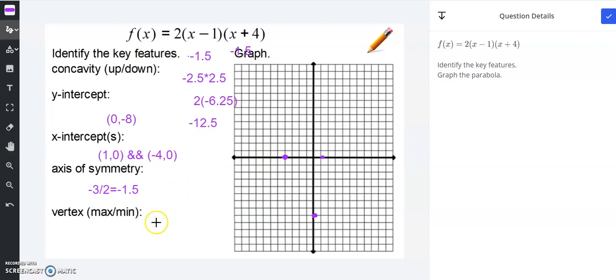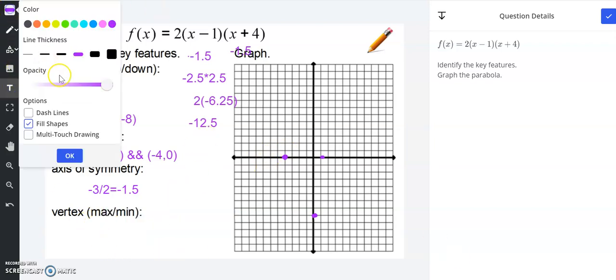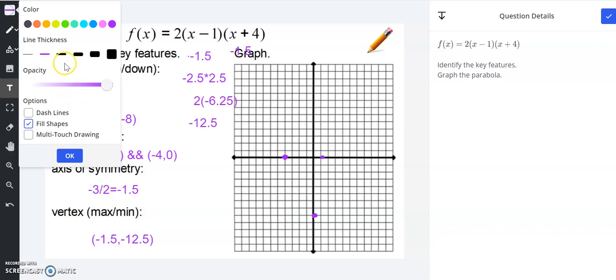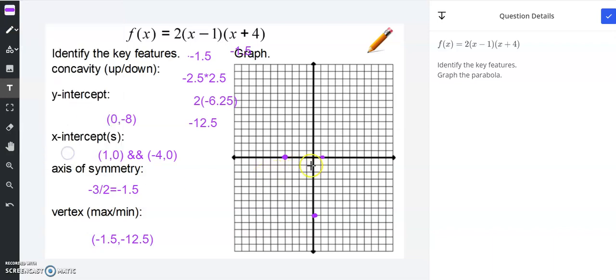And our vertex, I never actually officially wrote it down, is -1.5, -12.5. So -1.5 is here, and -12.5. So this is 8, 9, 10, 11, 12.5.